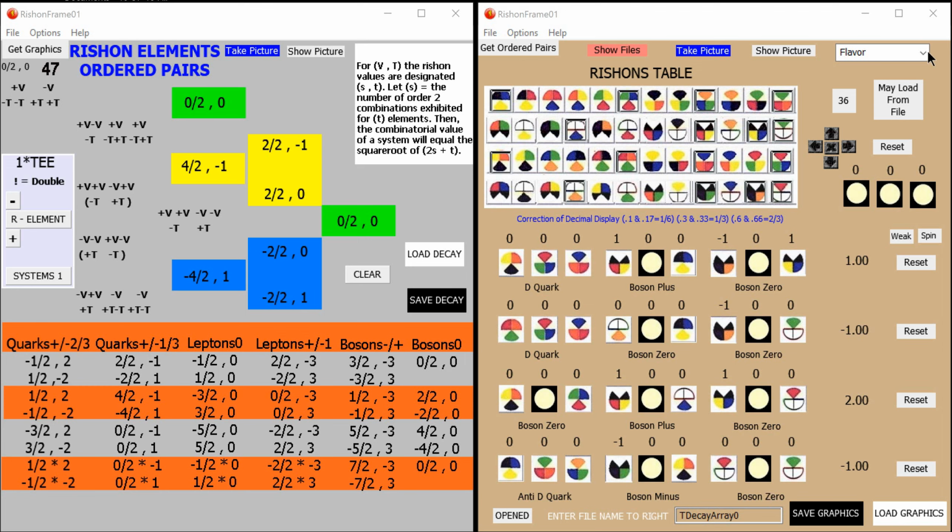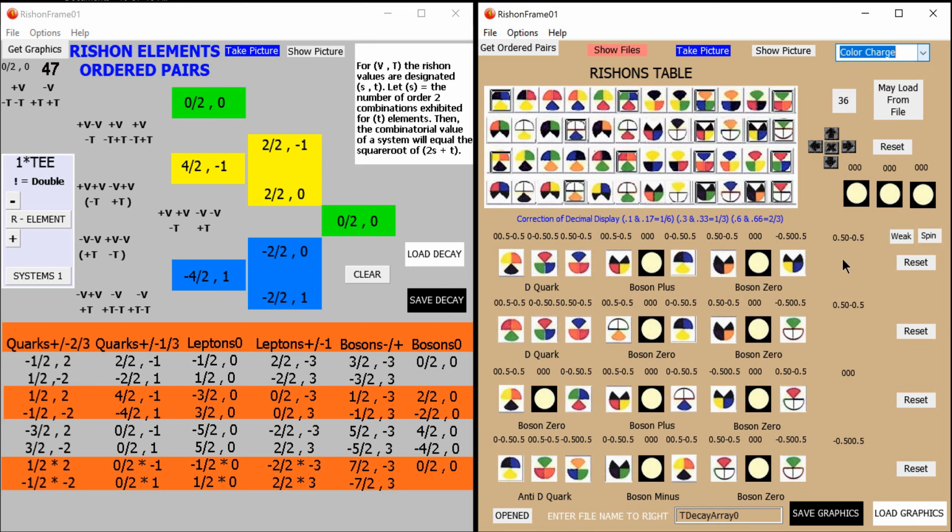Now, let's look at color. As we can see, color charge is indicated by half of the semicircle on the right. The color charges from the bottom and the left cancel, or, as you can see in the case of the V, the color charges cancel from the top and the left.